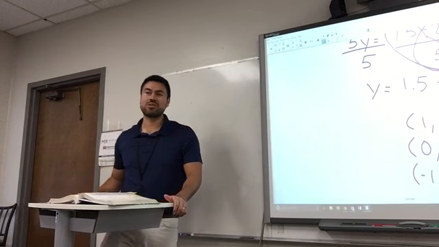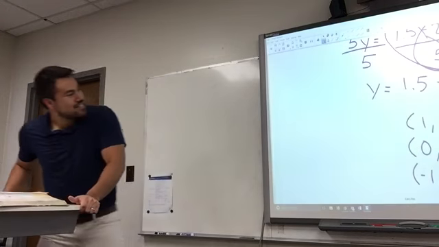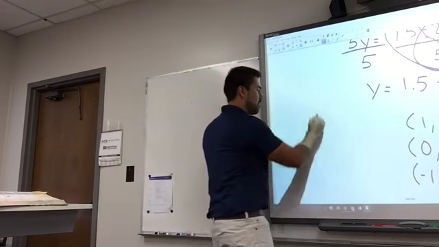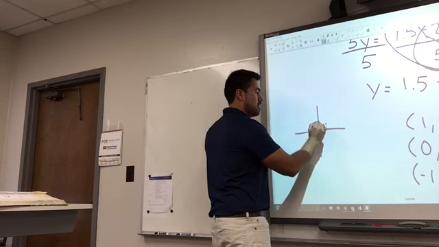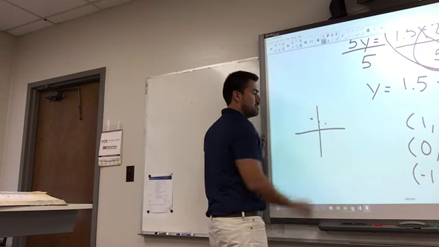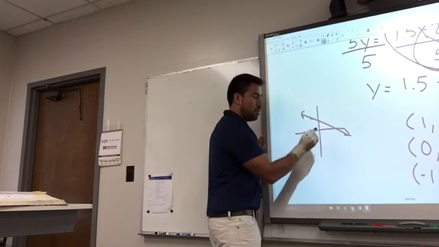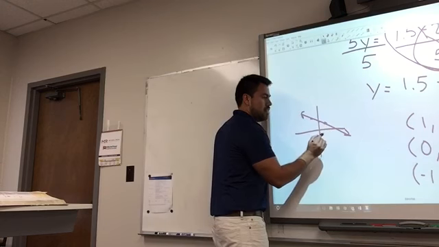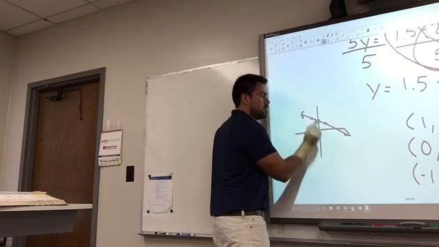So you should get those numbers, and those are nice to graph, right? I hope. I'm going to sketch it, not exact. 1, 1, 0, 1.5, and negative 1, 2.